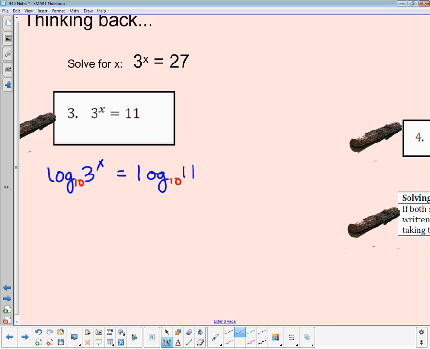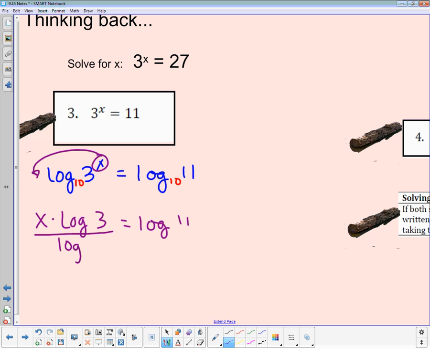Think back to the properties that we learned yesterday. We know that when we have 3 to the x power, I can take that x and bring it out front of the log. So I'd have x times the log of 3 equaling the log of 11. Well, now I want that x alone, so I'm going to go ahead and divide by the log of 3. And that's what you plug into your calculator. Plug in the log of 11. Make sure you put that in parentheses, just in case your calculator wants to string some things together.